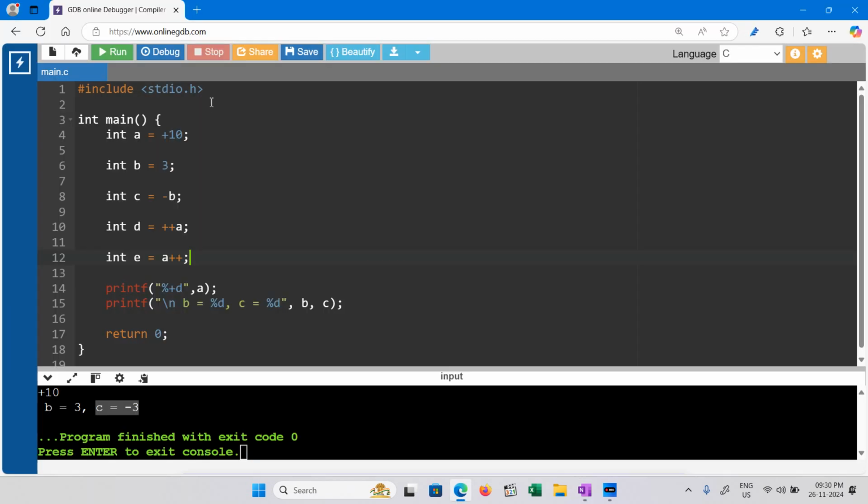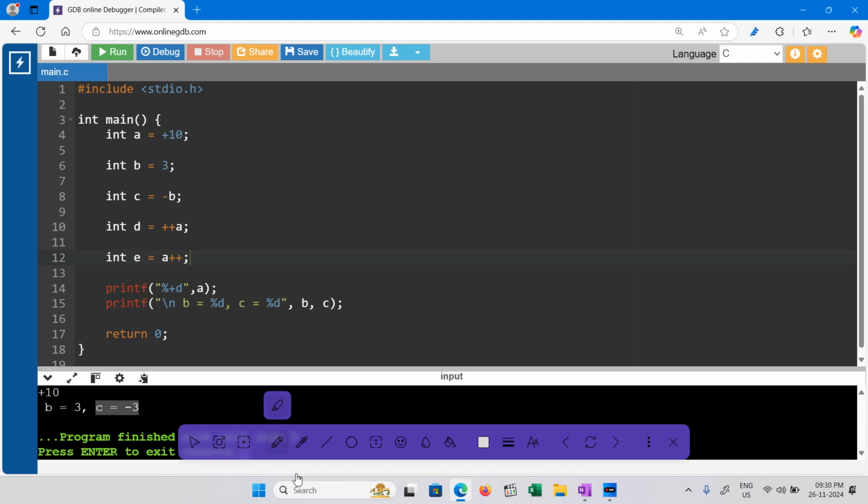Now you can understand the prefix and postfix. Look at the increment operator applied here before the operand. So what have we written? We have written plus plus a. What is a here? A is the operand. And what is this plus plus? Plus plus represents the increment operator. There are two versions, pre and post.